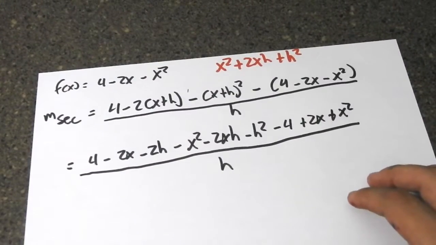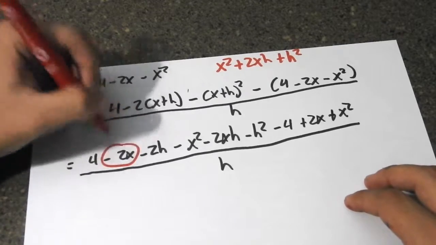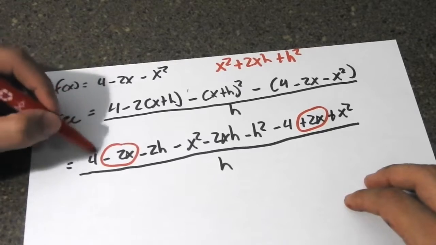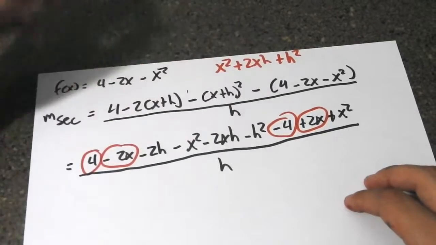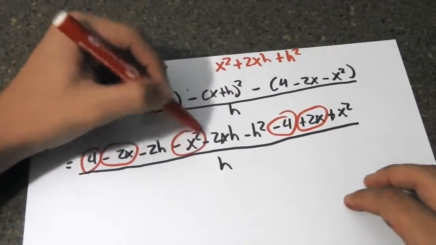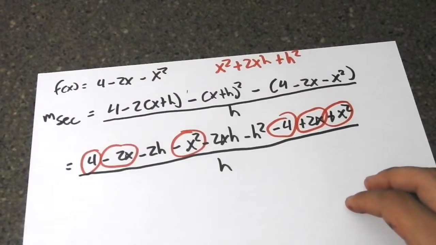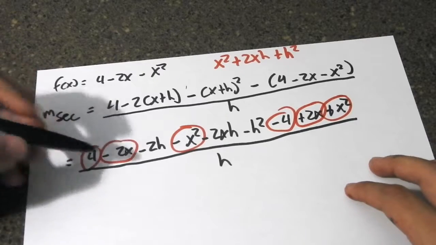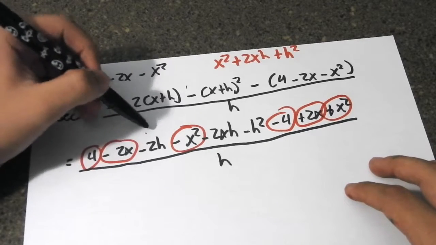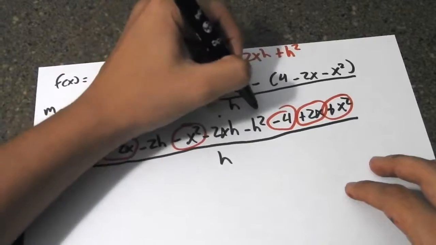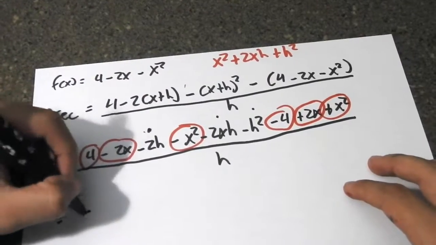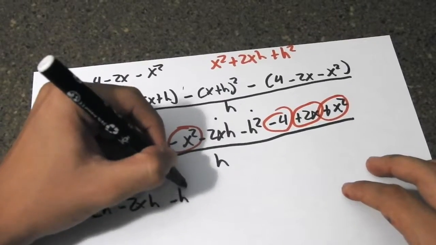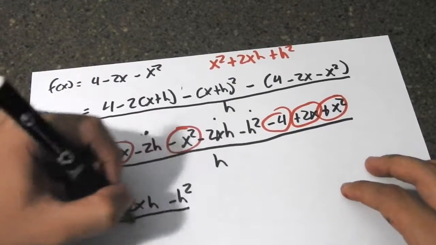And now we have to combine like terms. We have minus 2x plus 2x. We have 4 minus 4. And we have minus x squared plus x squared. So they all cancel out and we're remaining with this here, here, and here. So we have minus 2h minus 2xh minus h squared over h.